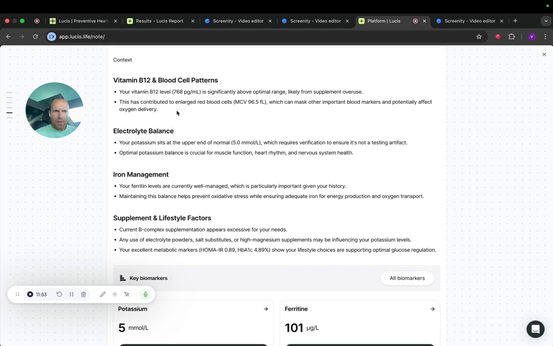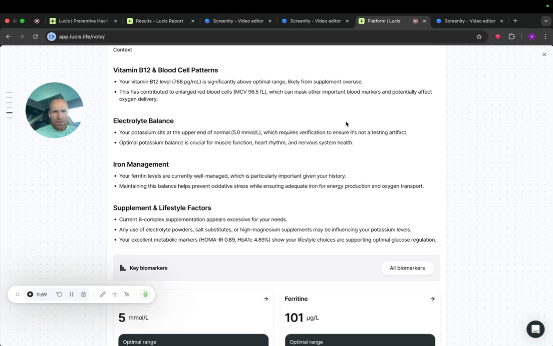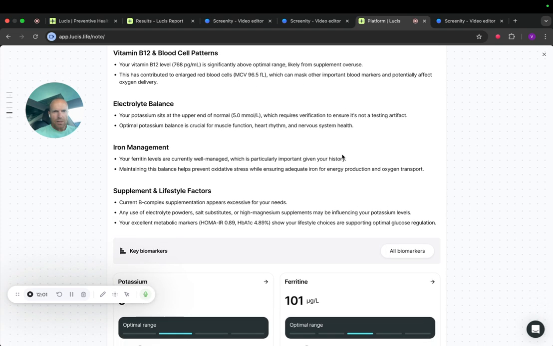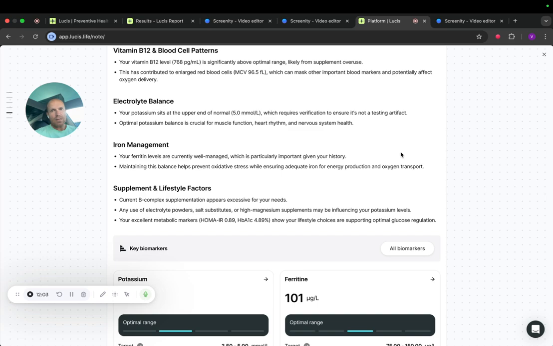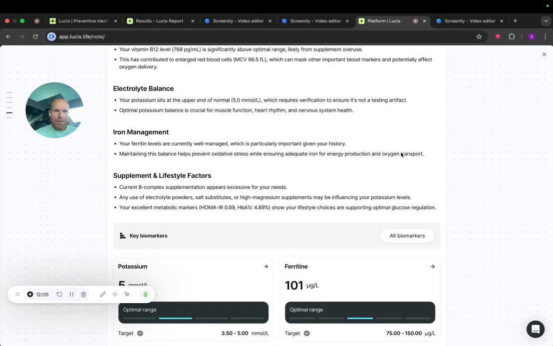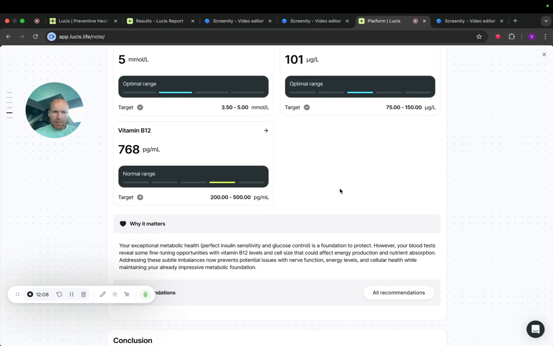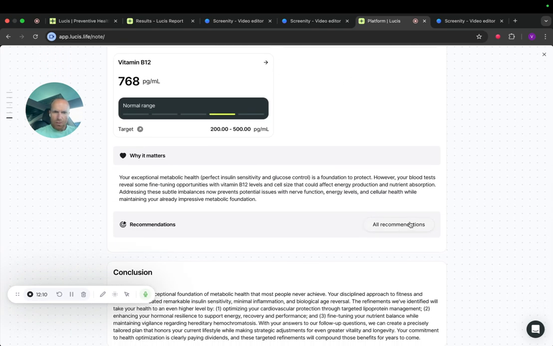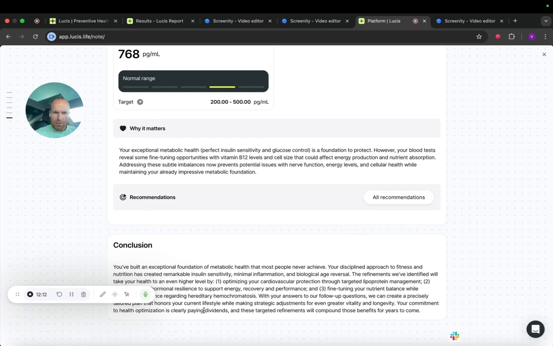So not too worried on that one. But MCV is actually coming down as well, so that's where in the history you'll be able to see that sort of thing, as to, hey, actually I'm doing well as opposed to so well. And again, yeah, the markers there, why it matters, all recommendations, and then a bit of a conclusion as well.